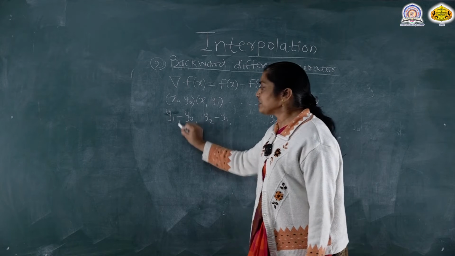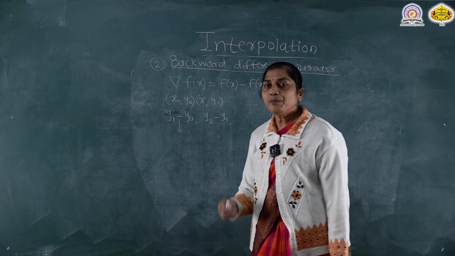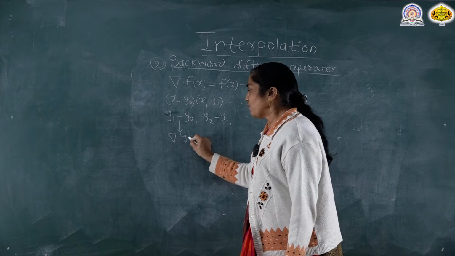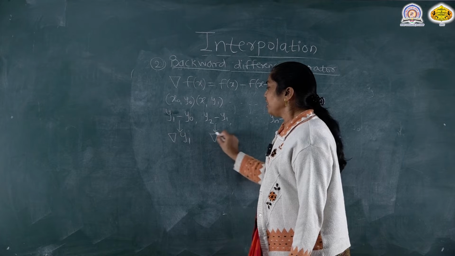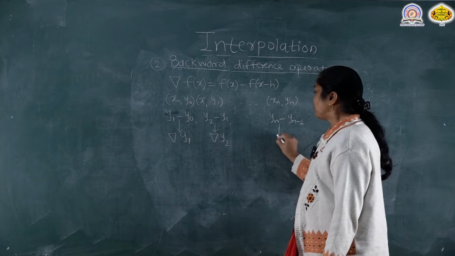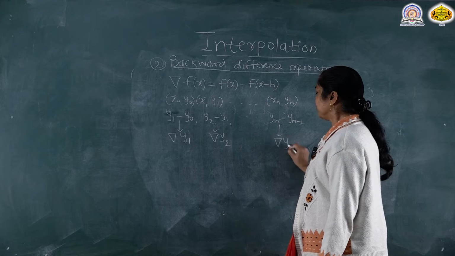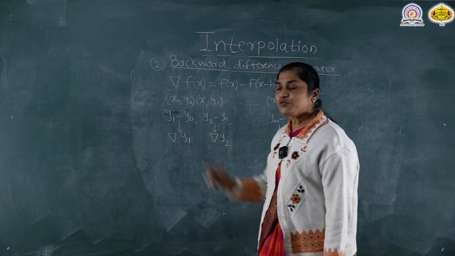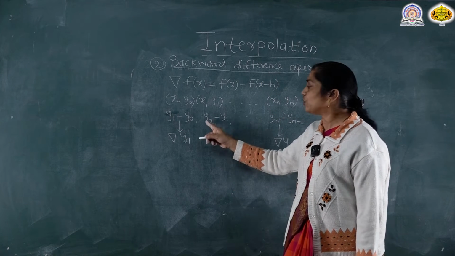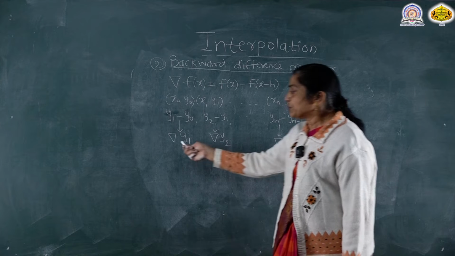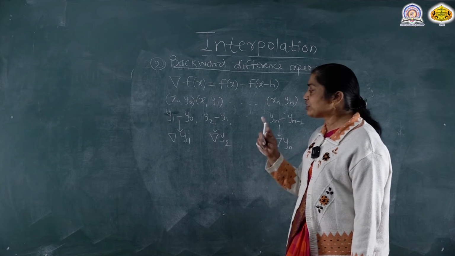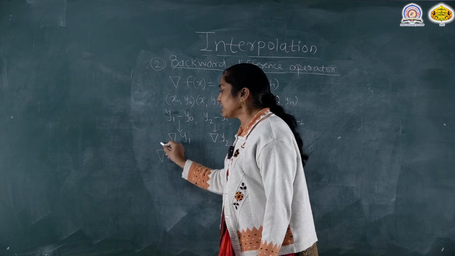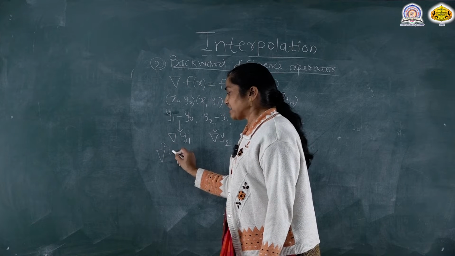So these differences are nothing but the first backward differences, and they are denoted by del y1, del y2 up to del yn. So we have del y1 is equal to y1 minus y0, or del y2 is equal to y2 minus y1. So these are nothing but the first backward differences. You can find the second backward differences, that is del square, etc.